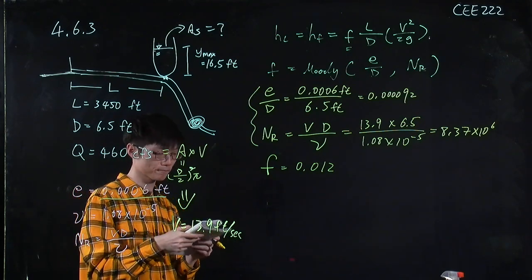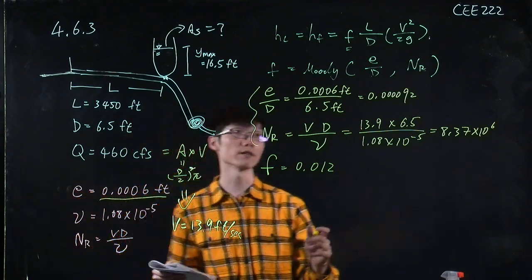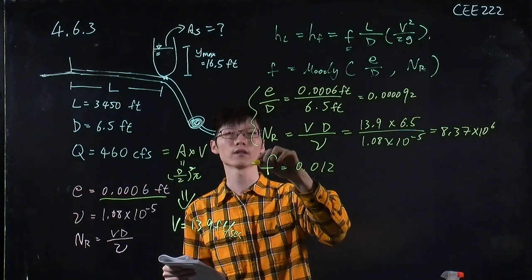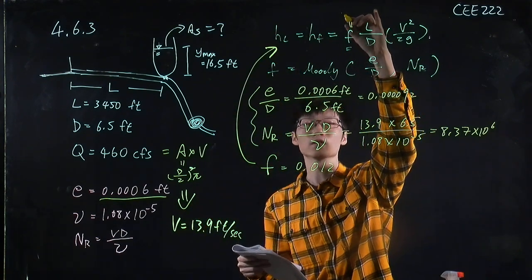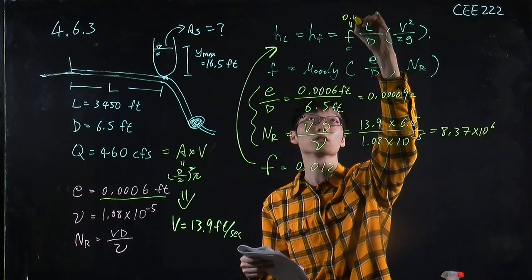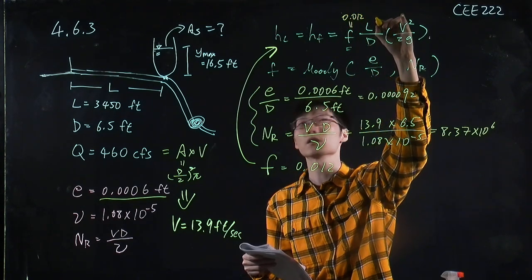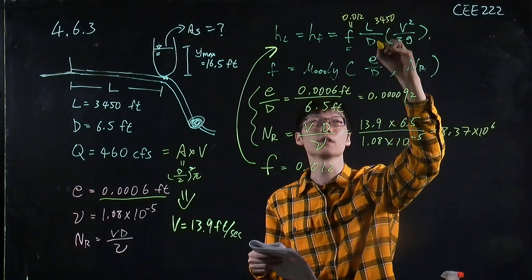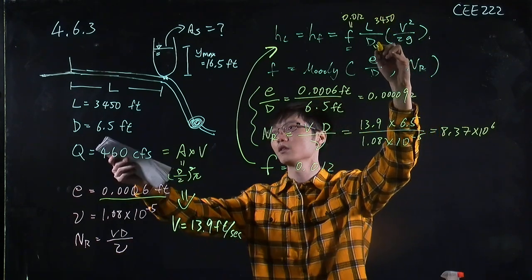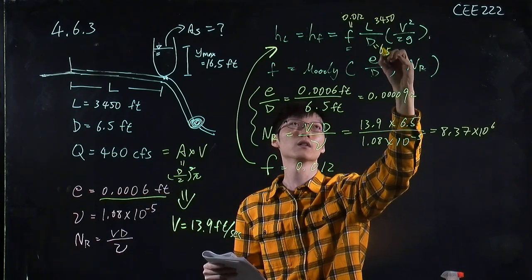Okay, so now we can plug this F into this equation. F is equal to 0.012, L is equal to 3,450 feet, diameter is equal to 6.5 feet.